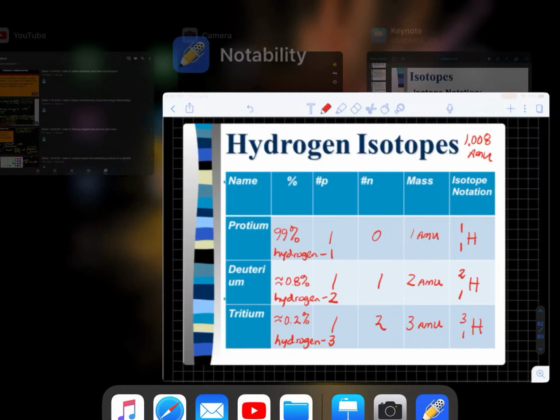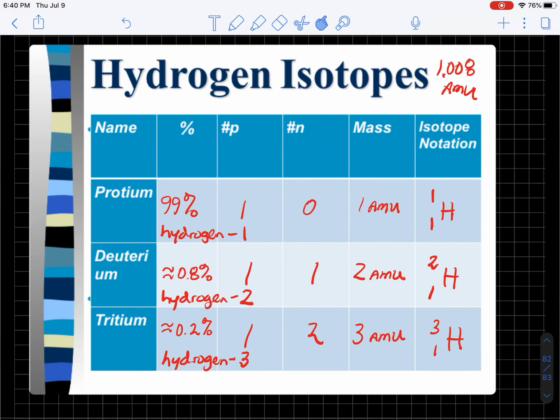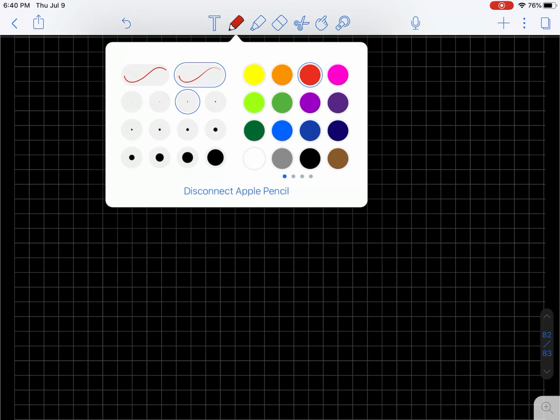And then lastly, I think all we got is a review of isotope notation. All right, so isotope notation. This would be an example. Suppose we had a sodium atom, and that sodium atom had a mass of 23 and an atomic number of 11.